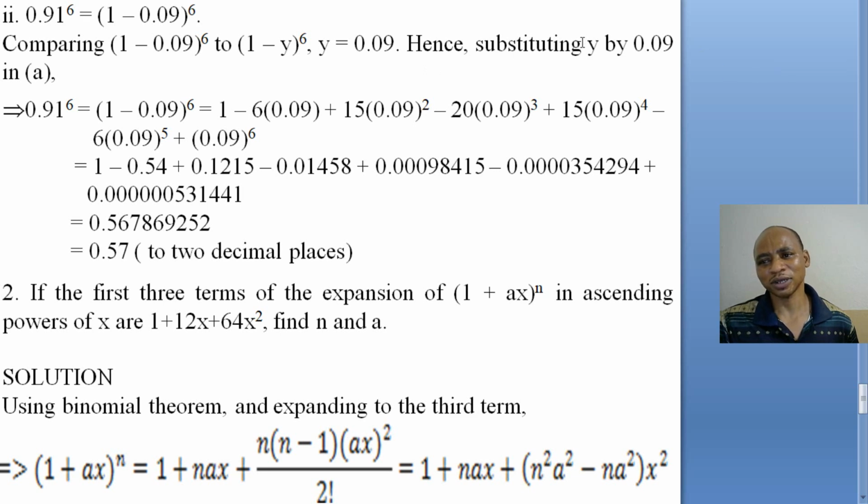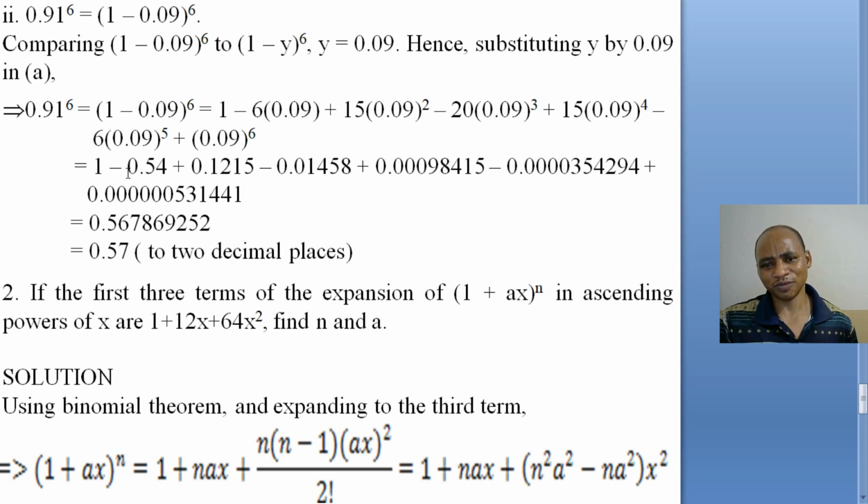And then substituting y in our first expression, that's in expression A, by 0.09, we will end up getting 0.91 raised to the power 6 being equal to 1 minus 6 times 0.09 plus 15 times 0.09 raised to the power 2 minus 20 times 0.09 raised to the power 3 plus 15 times 0.09 raised to the power 4 minus 6 times 0.09 raised to the power 5 plus 0.09 raised to the power 6.